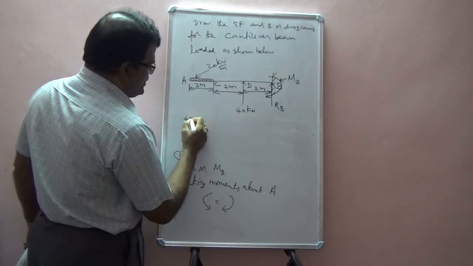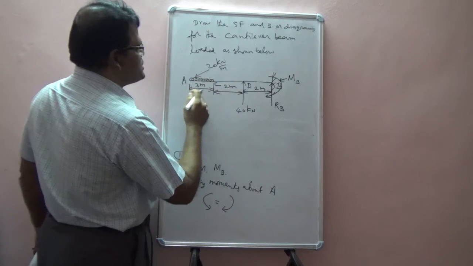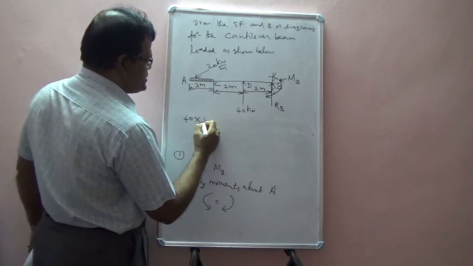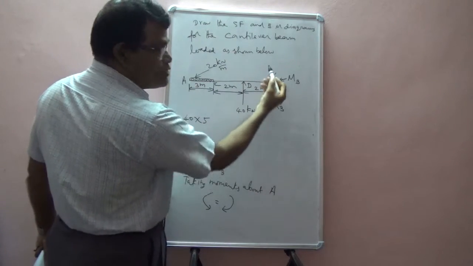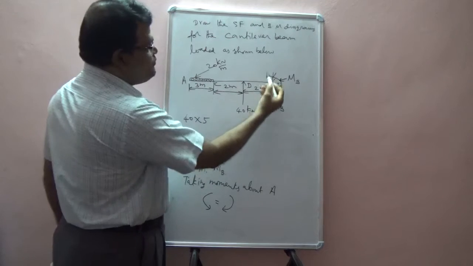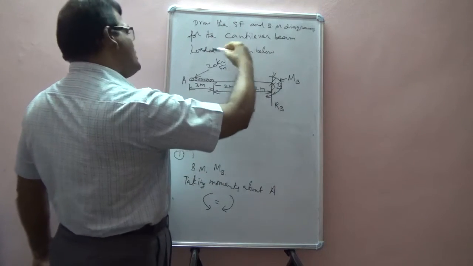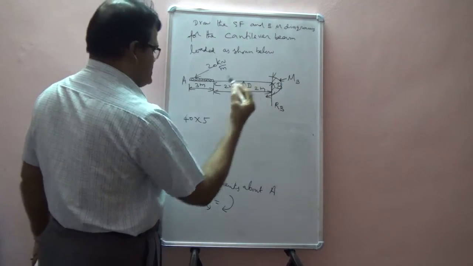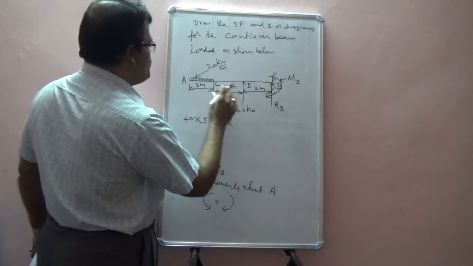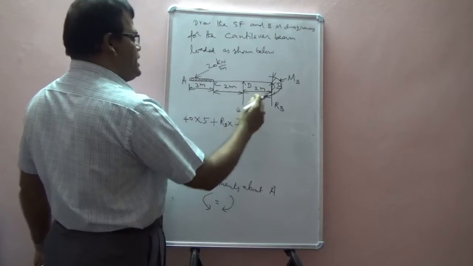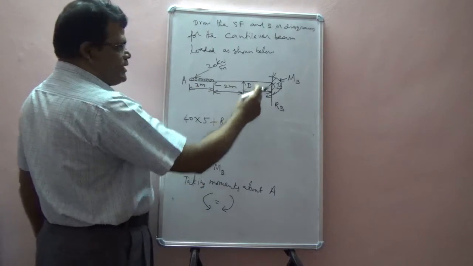Therefore, 40 multiplied by this distance, 5 meters, produces anti-clockwise moment. RB is also assumed to act vertically upward, therefore this will also tend to rotate the beam in the anti-clockwise direction. Therefore plus RB multiplied by 4 plus 3, 7.